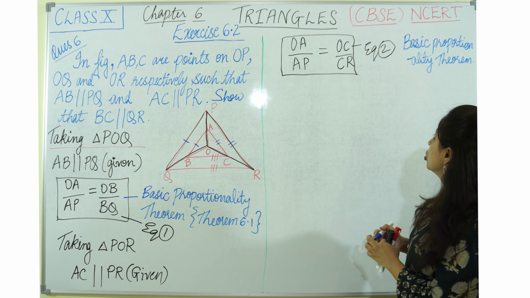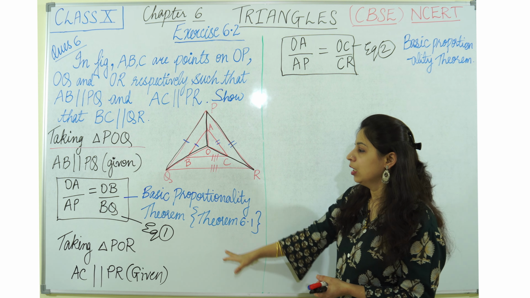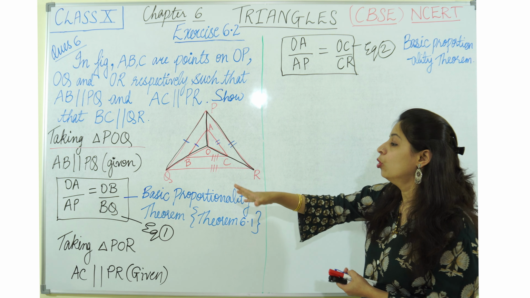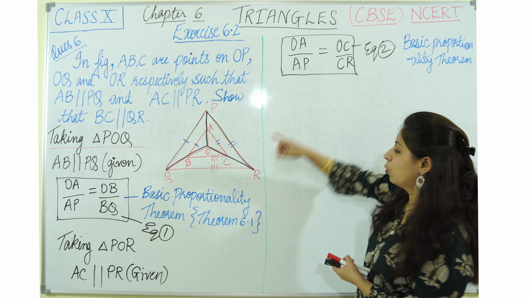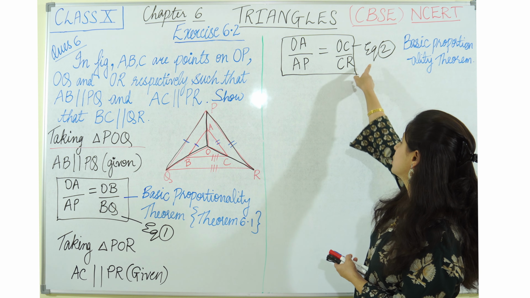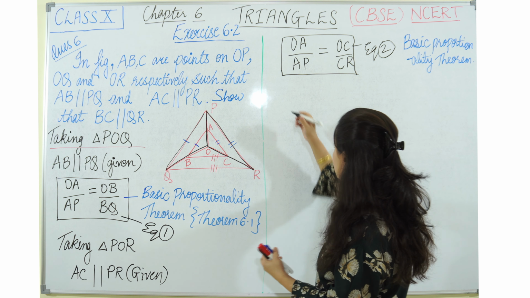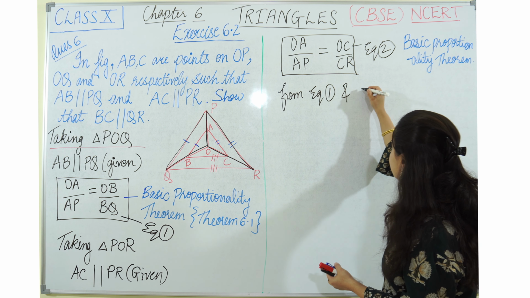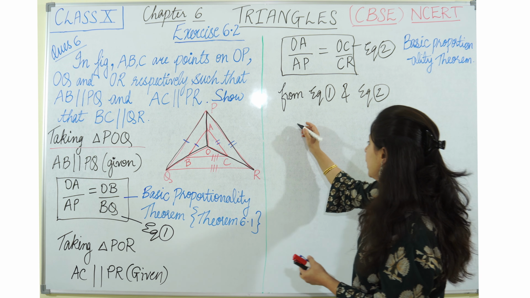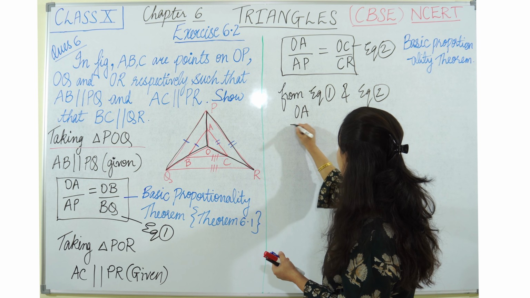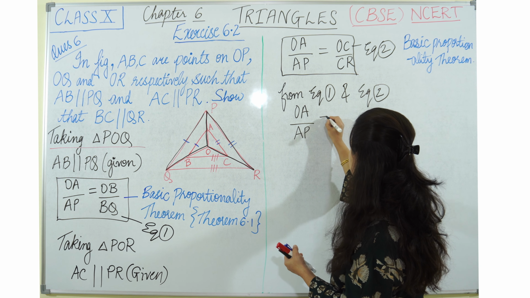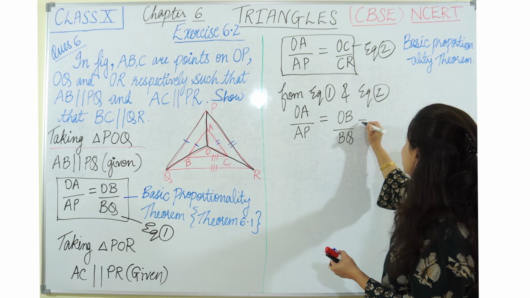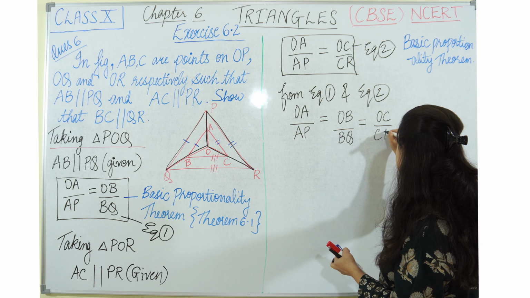So from 1 and 2 we see that the LHS is the same, OA upon AP, so OA upon AP is equal to OB upon BQ is equal to OC upon CR.